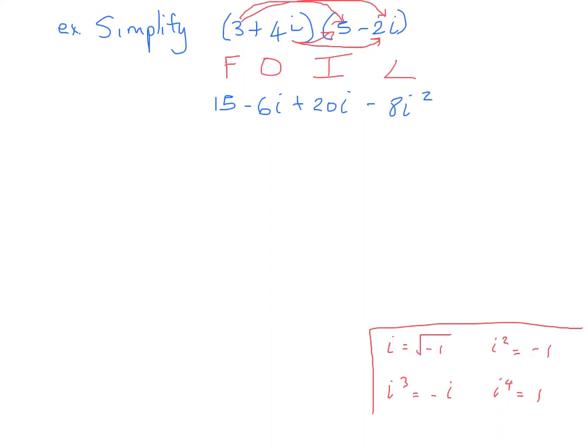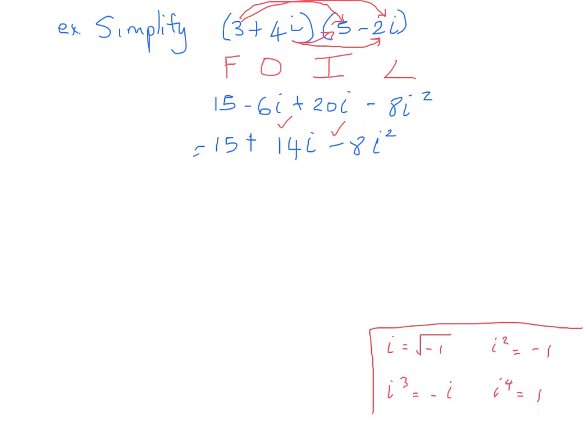Again, we're treating i as if it's a variable, so we have like terms here and here. So we have 15, minus 6i plus 20i gives us plus 14i, minus 8i squared. But we know something super important about that i squared: according to our fact, i squared is -1.